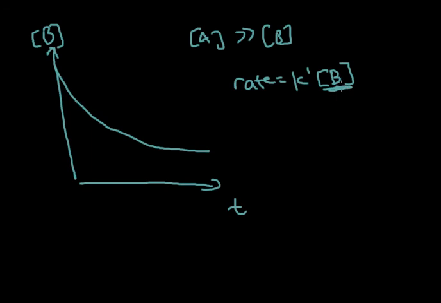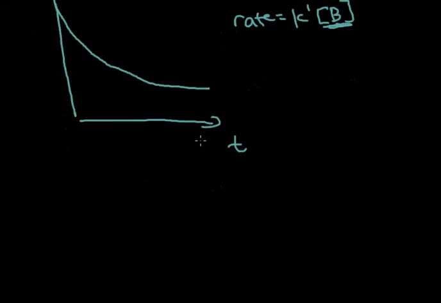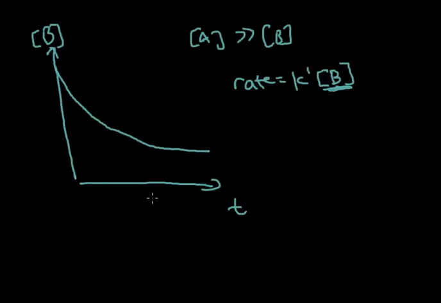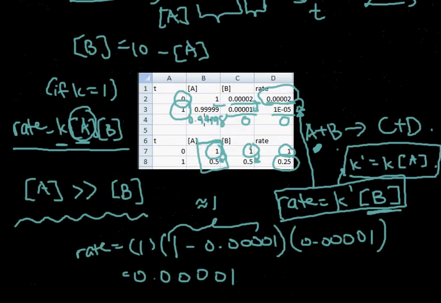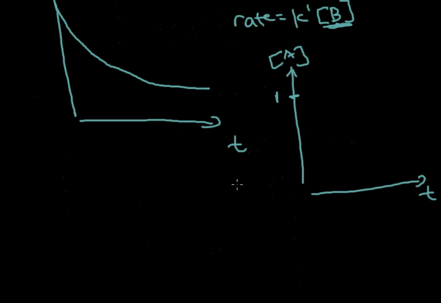But what if, just for fun, I want to draw the concentration of A? It starts off with 1, and in the end, when B reaches 0 at a complete reaction, A is 0.99998. Actually, it's almost 1.